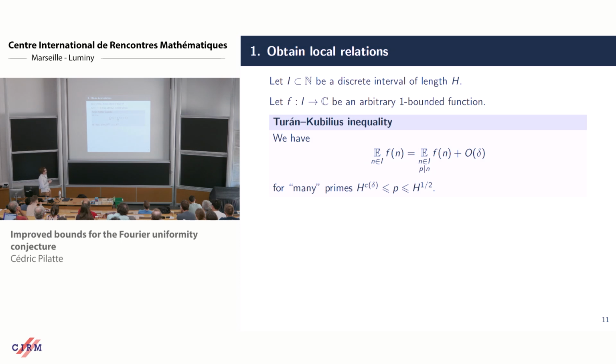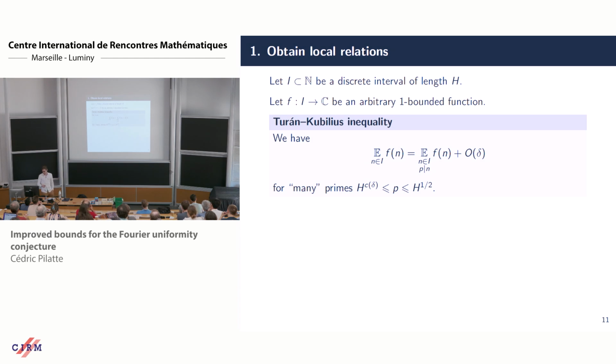What the Turán-Kubilius inequality tells you is that the average of f over this interval is very close to the average of f where you only look at the numbers n in your interval that are divisible by p. This is true for many primes p in a certain range. Here, the lower bound for p is h to some constant, and this constant depends on how good you want your approximation to be. So this is the Turán-Kubilius inequality.